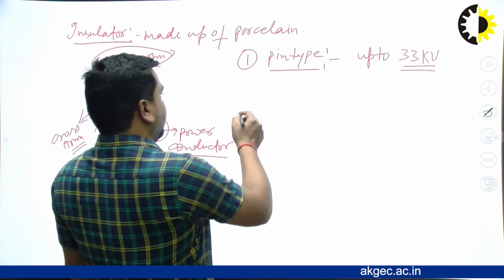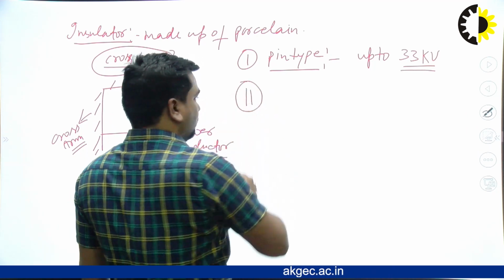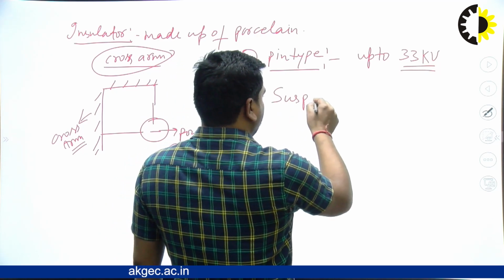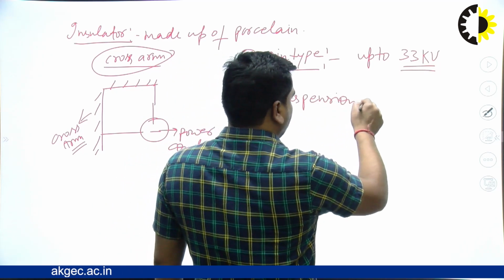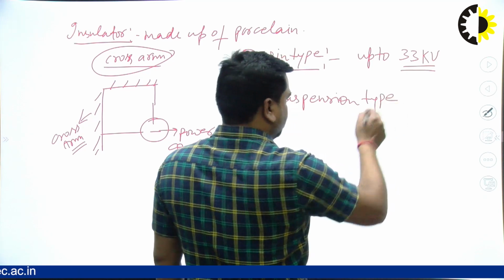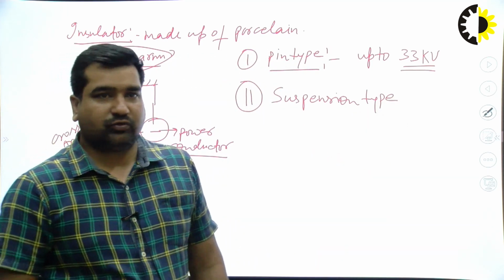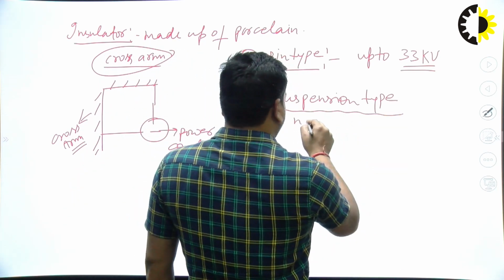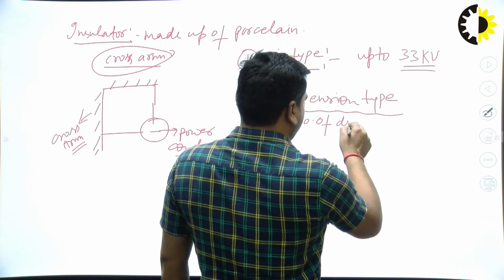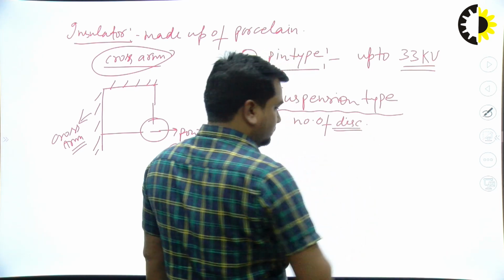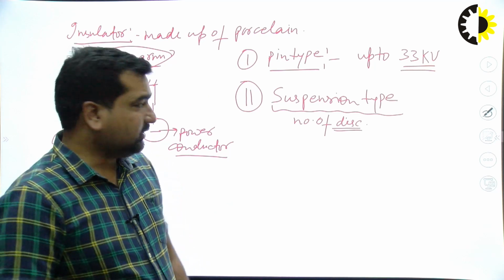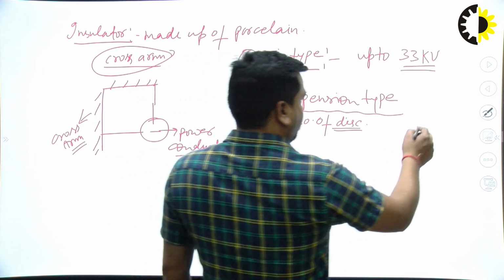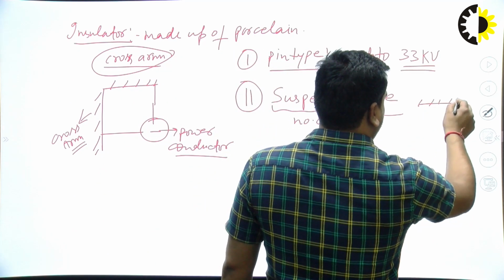The next, the most efficient and most used insulator, is the suspension type insulator. It consists of a number of insulator discs, and these discs are in vertical form like this one. This is a cross arm.